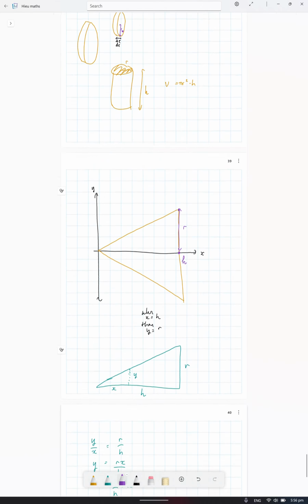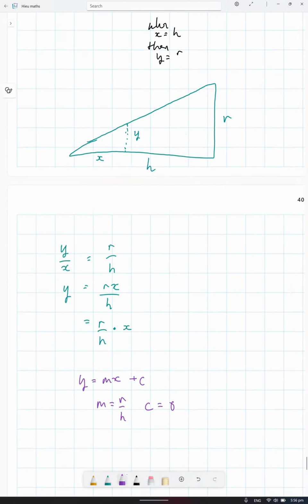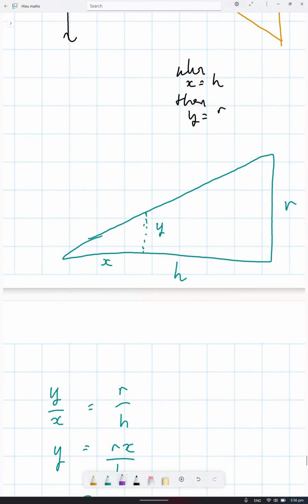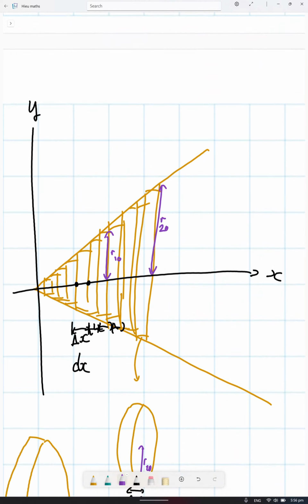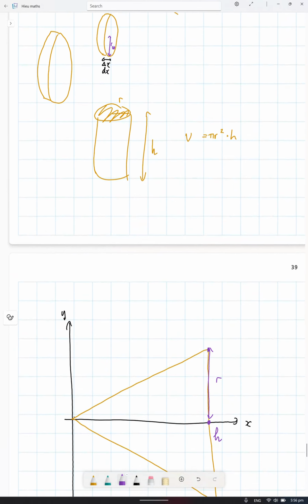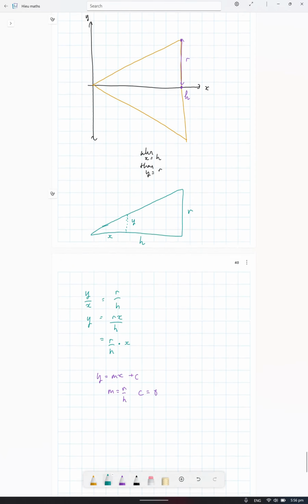That makes sense. This is just a straight line. So if we think in terms of ratios like this, we can find the ratio between y and x of every point on the triangle. And now we can find the radius at any point x, so we have a general formula for the radius at each point.